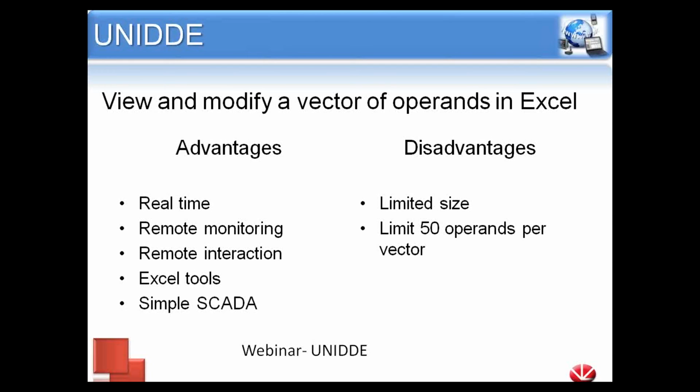We can have remote interaction with the operands. This is very useful, and this will not be the case in some of the softwares I will present in this webinar, that we can modify operands in Excel using Unid DDE and send the new value to the PLC.